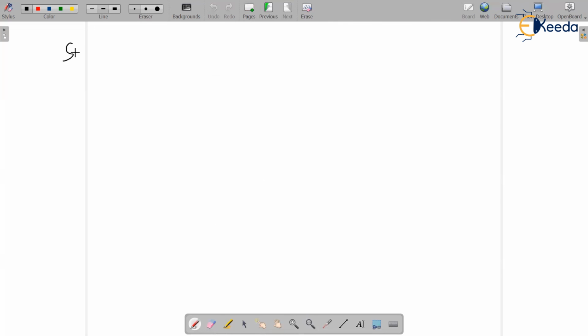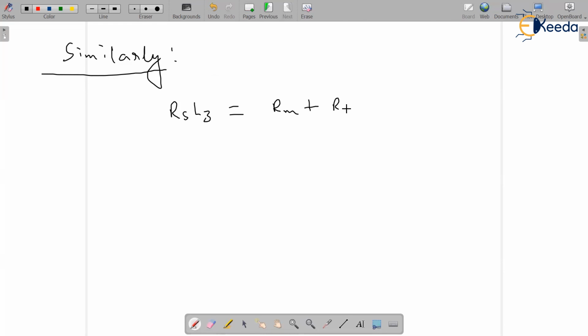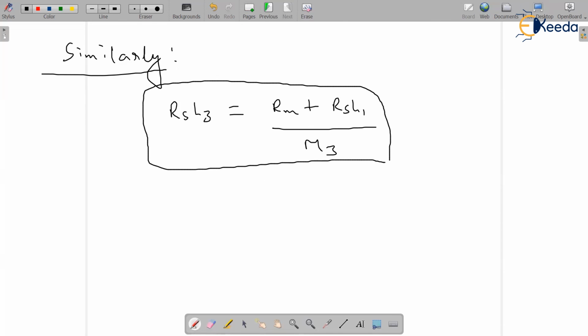So I can write similarly RSH3 is equal to Rm plus RSH1 by M3. So then next, with these above formulas, we are going to solve numericals. Thanking you.